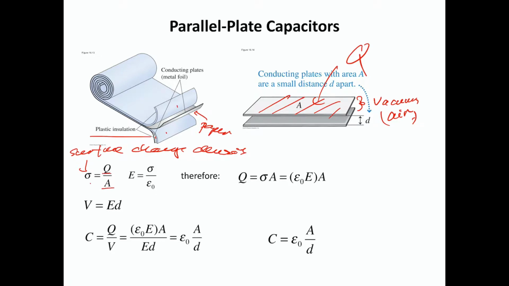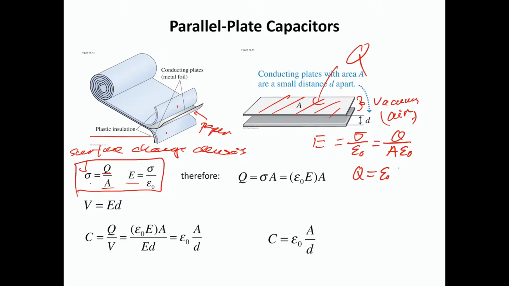From here, we know the electric field. If you look at the electric field from these two expressions, electric field is equal to sigma over epsilon, and sigma is Q over A, so the charge is epsilon A E, just like here.